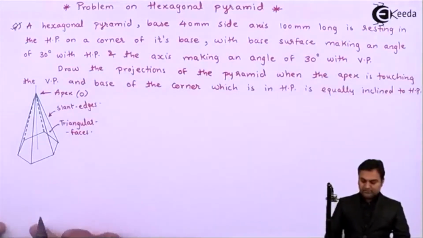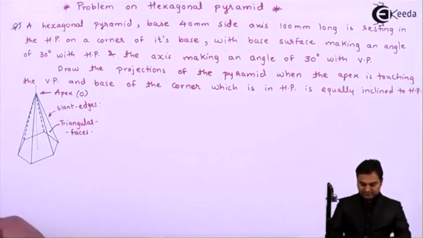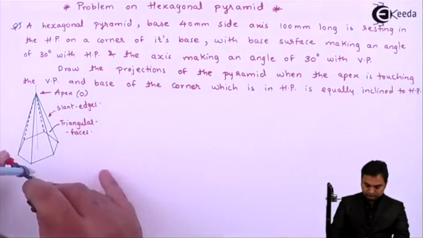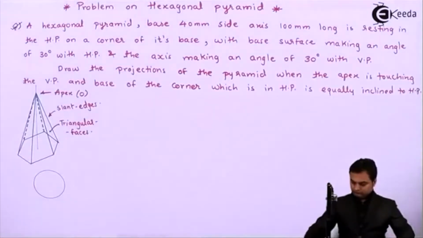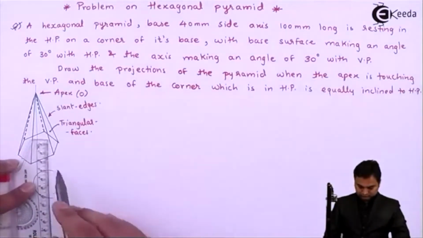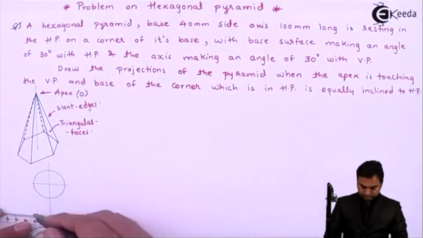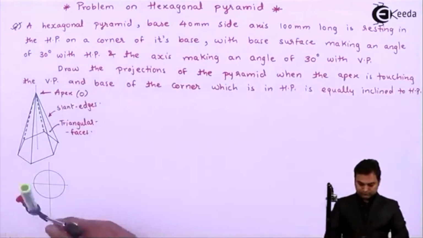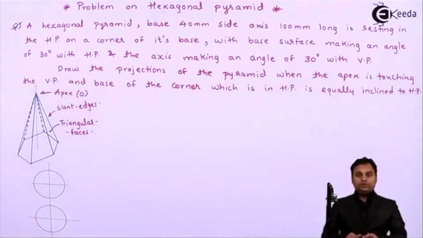Now hexagon can be drawn in 2 different ways. I'll just give an example. There are 2 ways of drawing the hexagon.